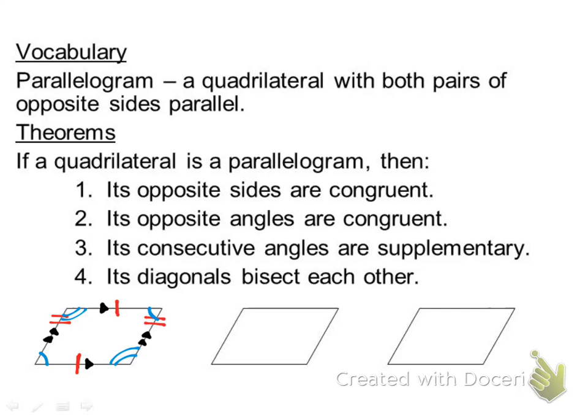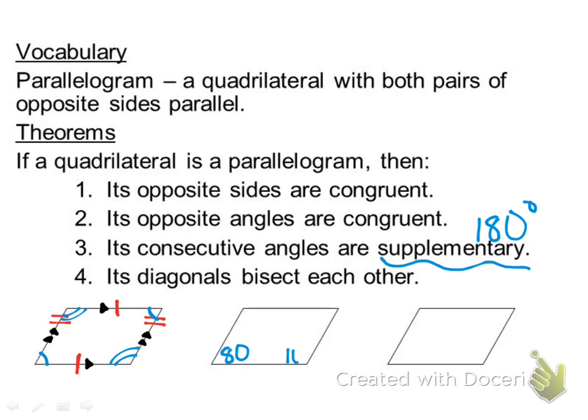Then the third one says that the consecutive angles are supplementary. What does it mean to be supplementary? They add to 180. Good. So I could give you any one of the angles and you could find all the rest of them. Let's say this one's 80. What adds to 80 to get 180? 100.